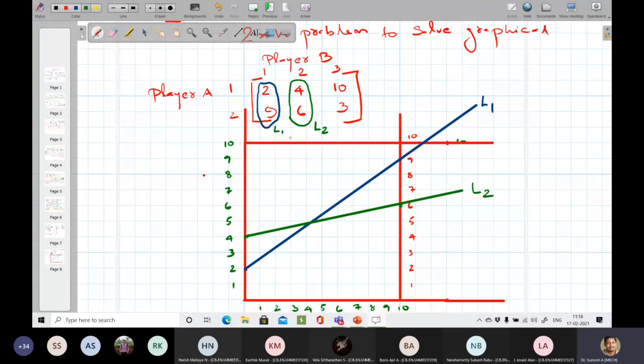So this is L3. For strategy 1 it is 10 and for strategy 2 it is 3. That's the way I am marking it.